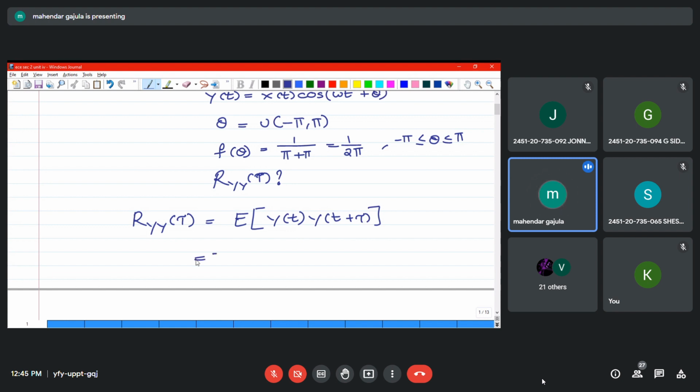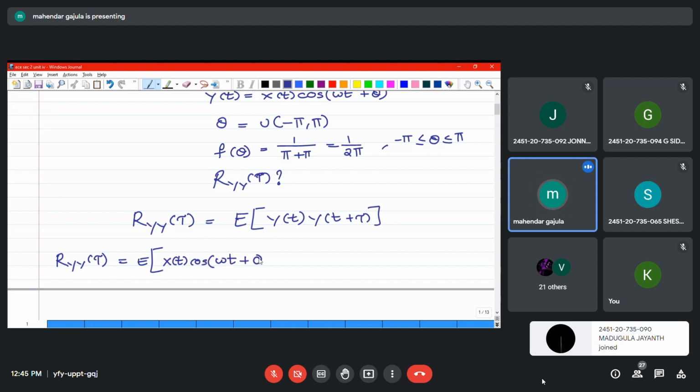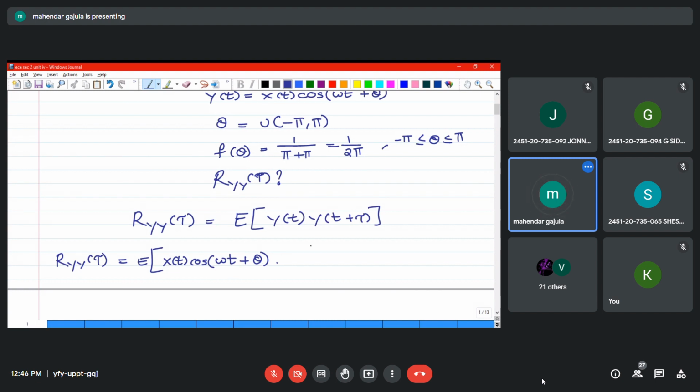So R_yy(tau) is equal to expectation of y(t) times y(t plus tau). y(t) is x(t) cos(omega t plus theta), and in y(t plus tau), in place of t we have to write t plus tau.